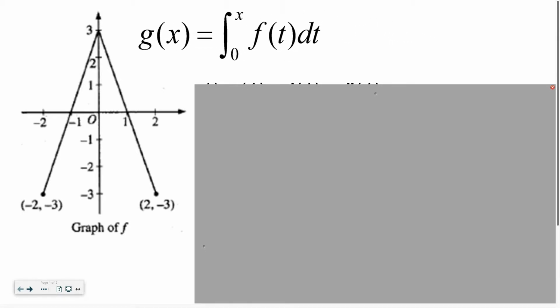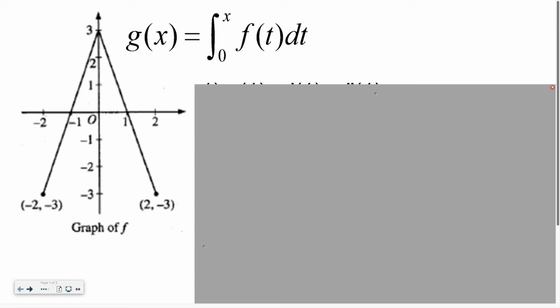If we look at G prime, if we take the derivative of our antiderivative, we get F of X. So since G involves the antiderivative, when we think about G prime, F is the derivative of G.